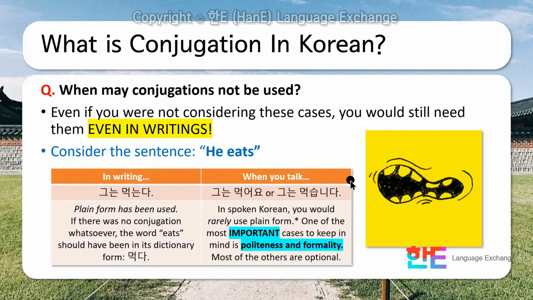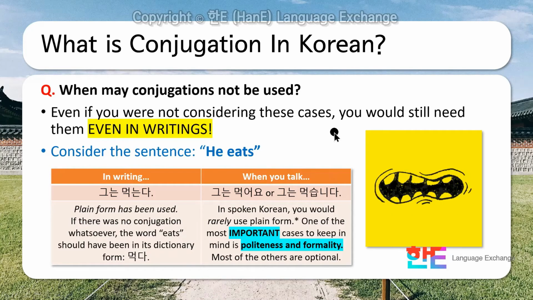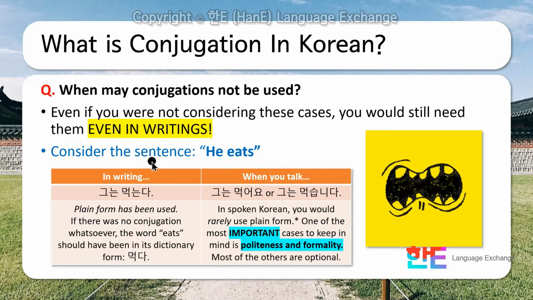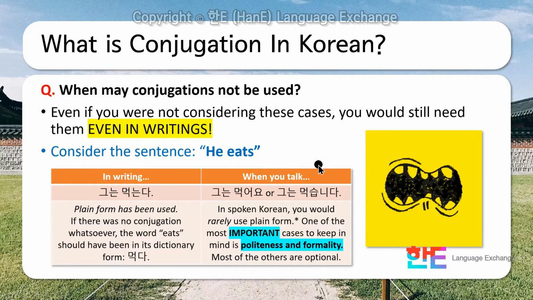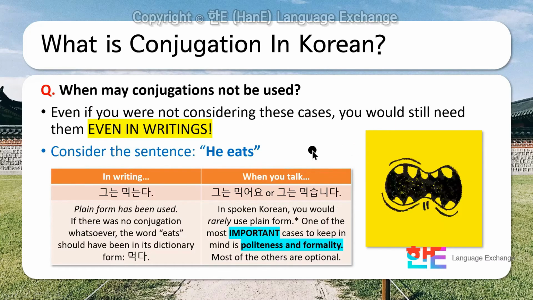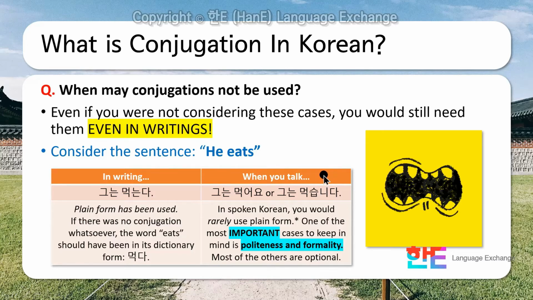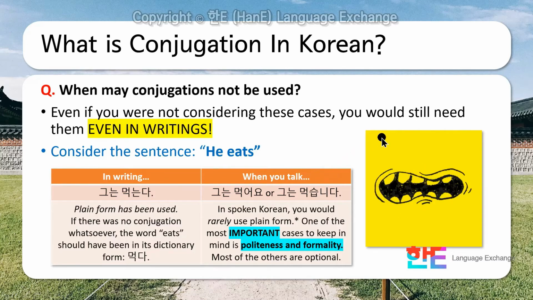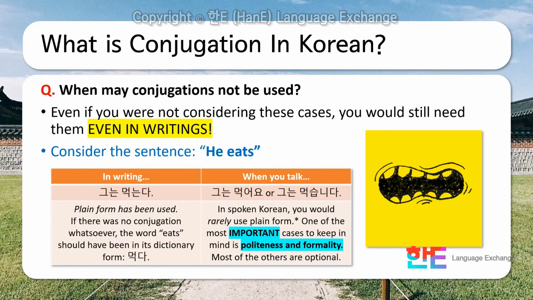Without conjugation, all the verbs will be given in their dictionary forms, such as 먹다 for to eat, or 가다 for to go. And normally you would never use that dictionary form. You would always conjugate it in one way or another. So it depends on the case. The cases I talked about today were regarding tenses and formality and politeness. Does that kind of answer your question?